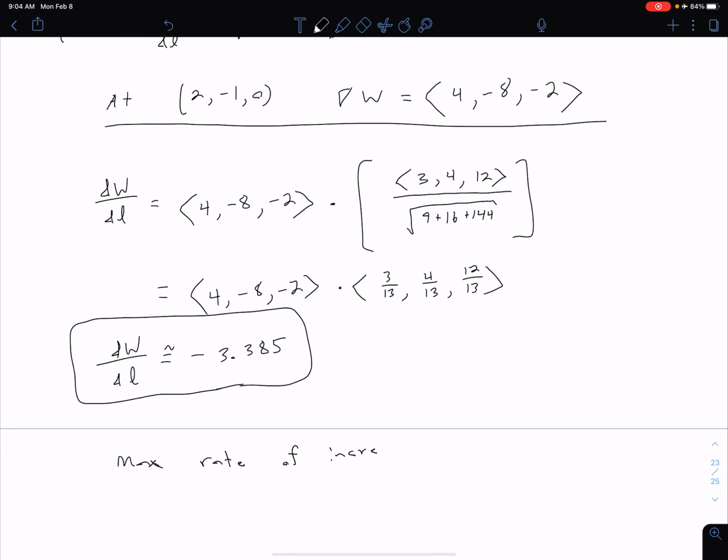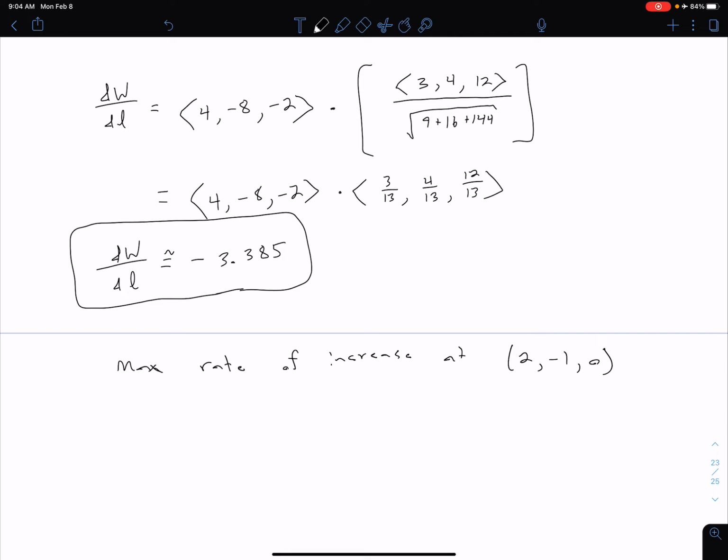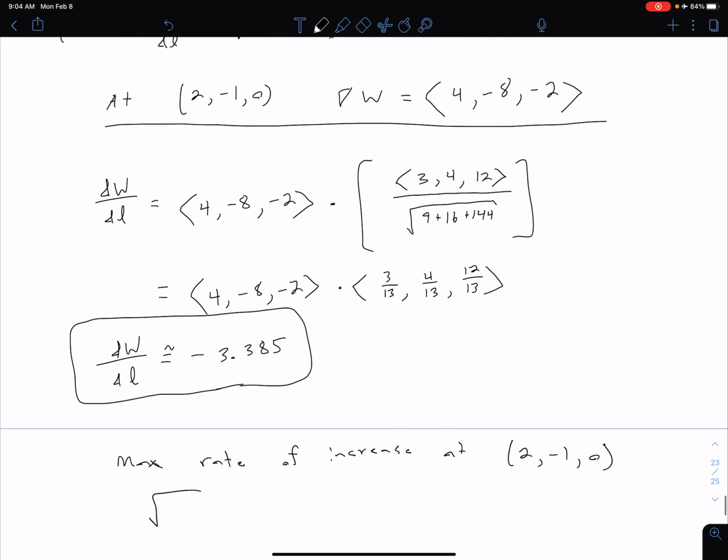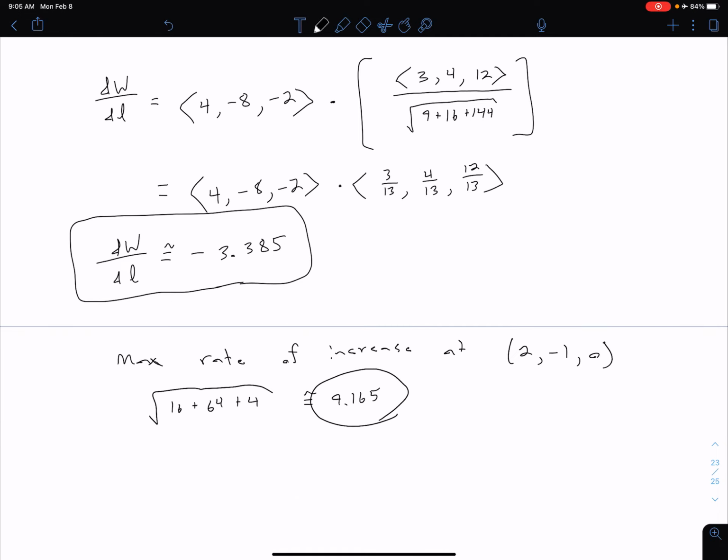The max rate of increase at the specific point 2, negative 1, 0 is just the square root of 16 plus 64 plus 4, and that ends up being about 9.165. So this would be the maximum rate of increase, but when we go in the direction of that L vector, we have negative 3.38, so we're actually decreasing in that direction.